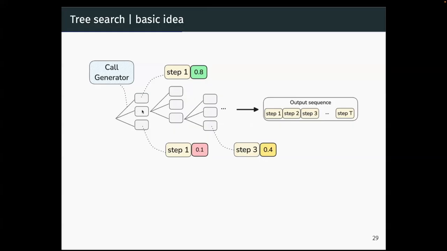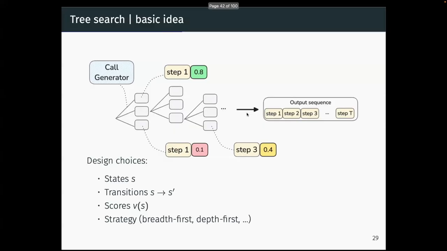Then you have some algorithm for picking which one to explore next. And then you transition to the next step. So for example, if you're generating a math solution, you would generate the next step of a solution. If this was an agent environment, then the environment would give you the next state, and so on. And so the idea is that you can try to frame the problem that you're working on as this kind of tree search.